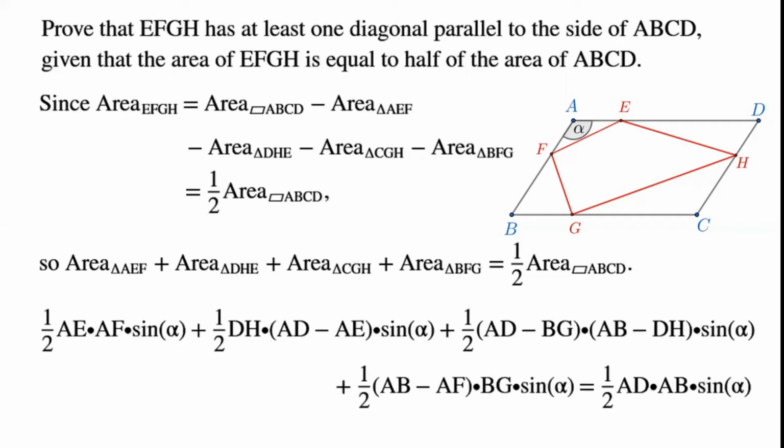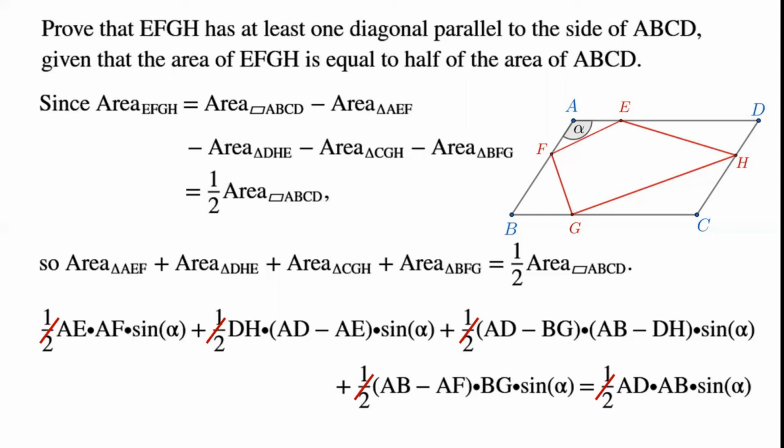So half AE times AF times sine alpha plus half DH times (AD minus AE) times sine alpha plus half (AD minus BG) times (AB minus DH) times sine alpha plus half times (AB minus AF) times BG times sine alpha equals half AD times AB times sine alpha.